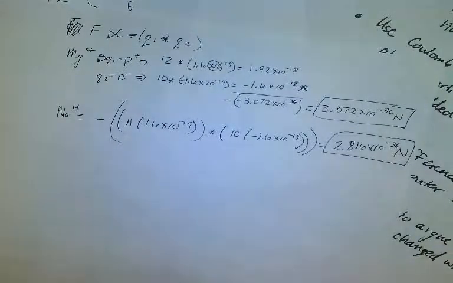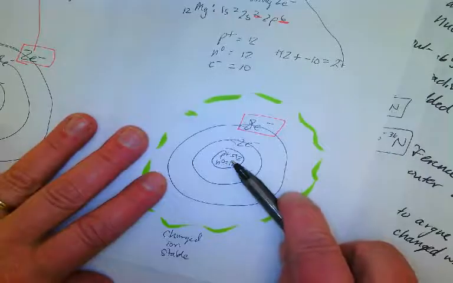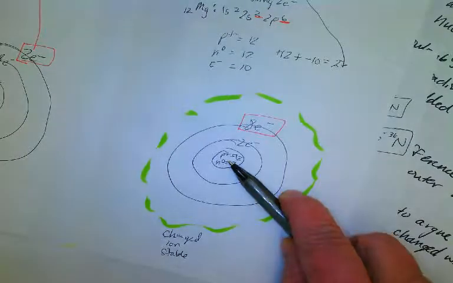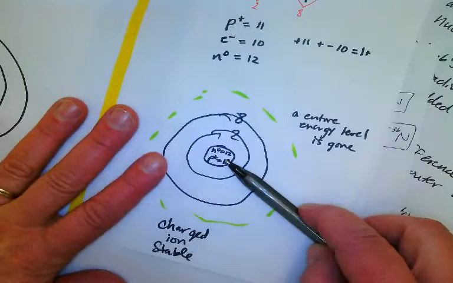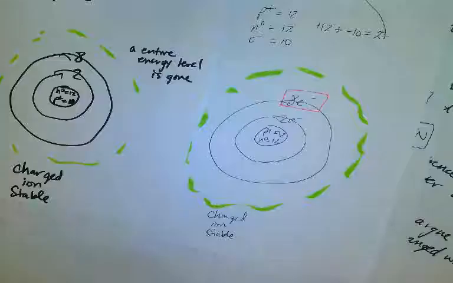So that means that the force between the electrons here and the nucleus is greater than the force between the electrons and the nucleus here. So because of that, which one do you expect to be bigger or smaller? And that is correct. It is indeed smaller.